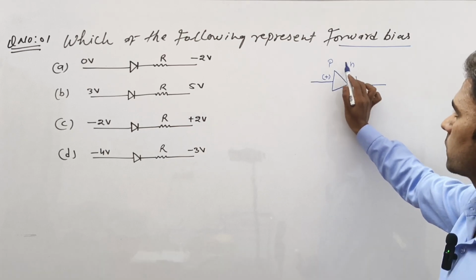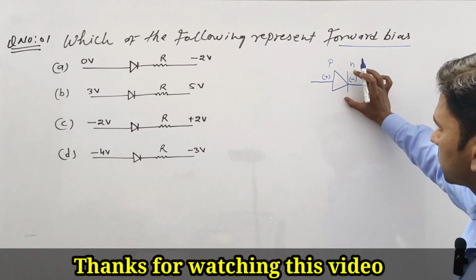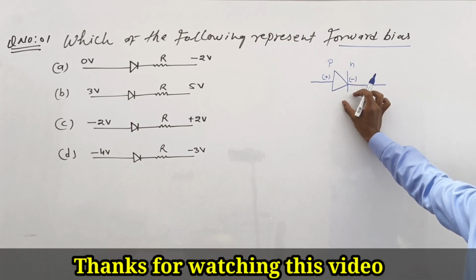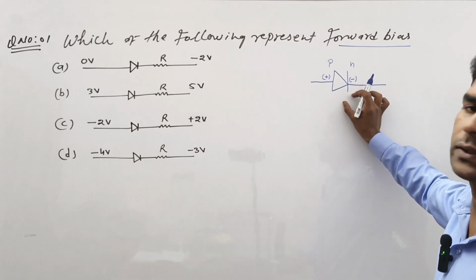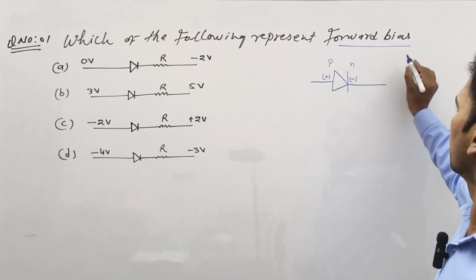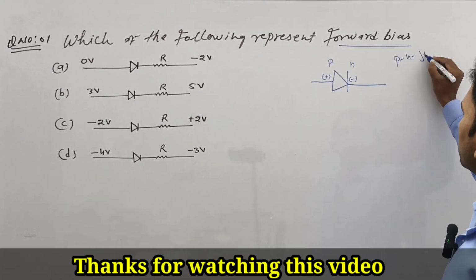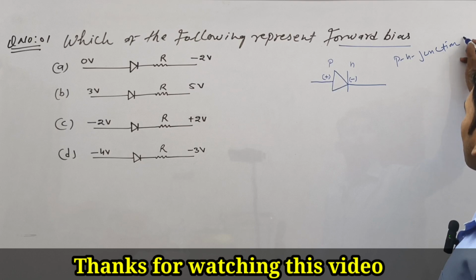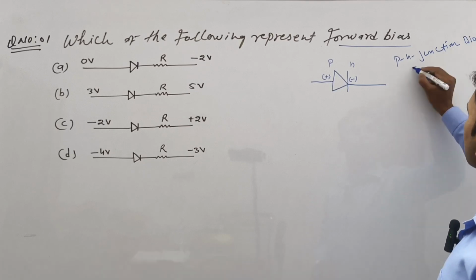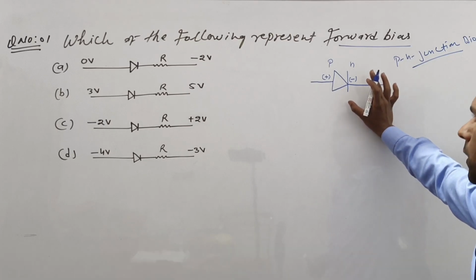When both types of semiconductor are joined like this, it is called a PN diode, a PN junction diode. So this is the symbol of a PN junction diode.